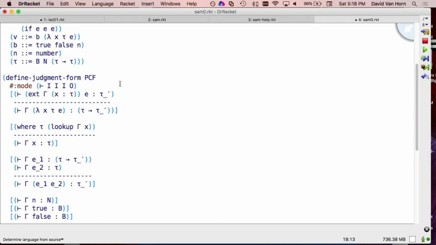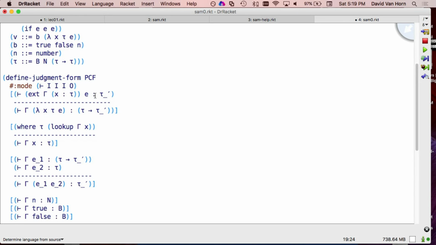You should think of the judgment as a function, well, really a relation, from inputs to outputs. So I have to say what the inputs to the judgment are and what's computed. What are the outputs? I can have multiple inputs and multiple outputs. This judgment happens to have two real inputs, which are the type environment gamma and the expression e.